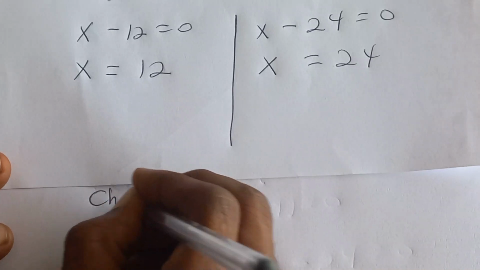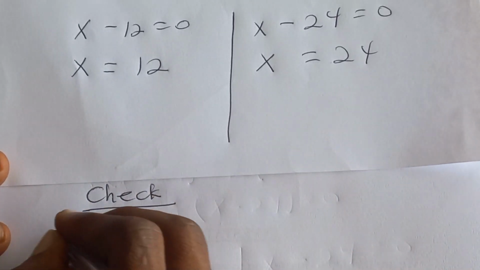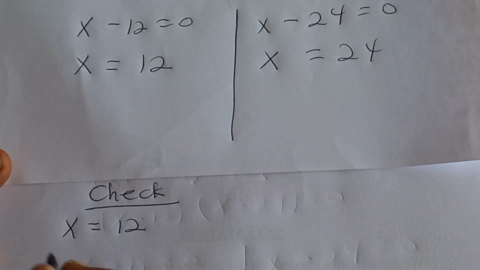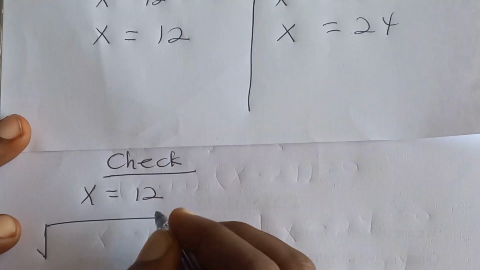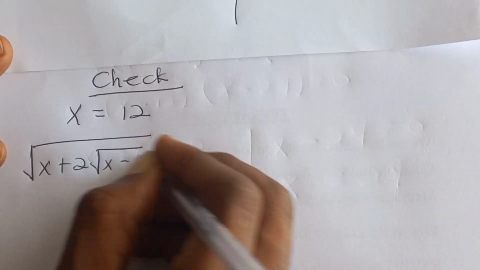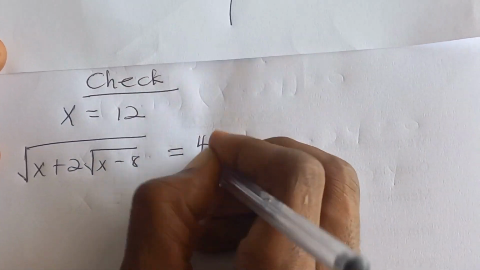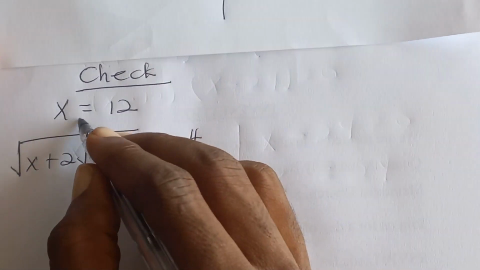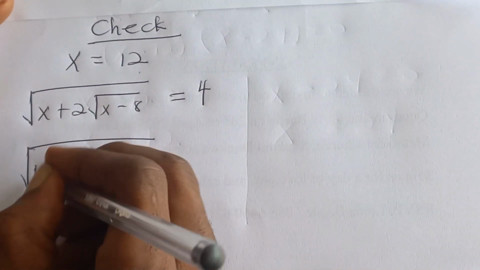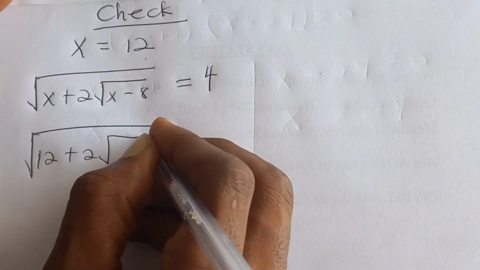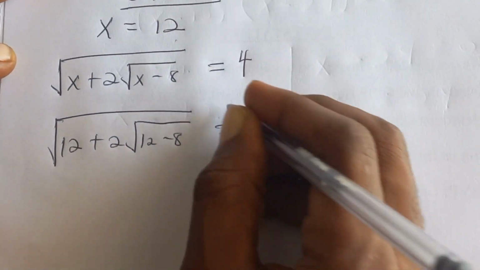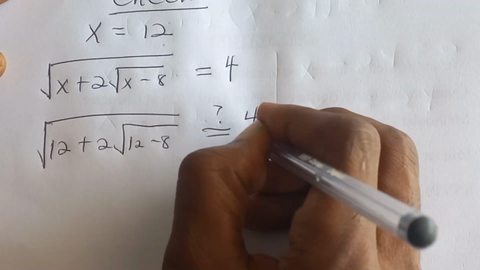So we check when x is equal to 12. The equation we are having is root of x plus 2 root x minus 8 is equal to 4. So when x is 12, we are going to get root of 12 plus 2 root 12 minus 8, and this should be equal to 4.